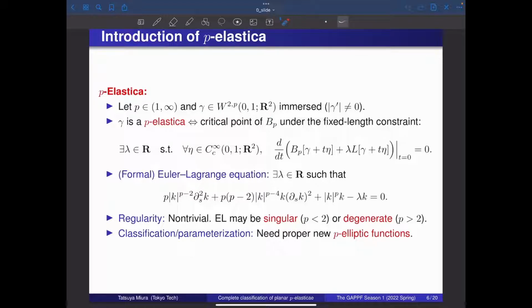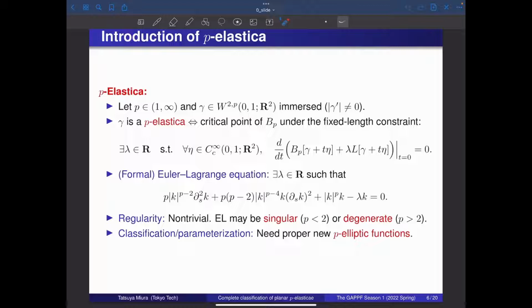Okay, and then we say that the curve gamma is a p-elastica if it is a critical point of the p-bending energy under the fixed length constraint. So this is a parallel definition to the classical elastica, and the only difference is the energy B_p.